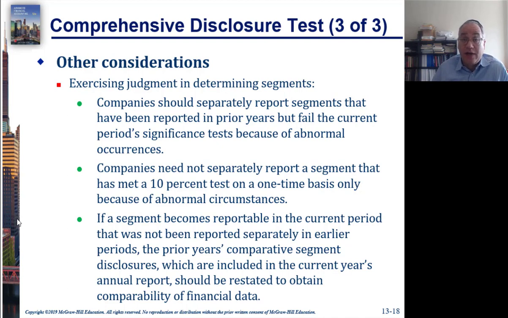So you include it as one of your segments in the financial statements. If you're going to do that, then you need to provide comparable information for prior years. So if you're providing 3-year segment information, then you need to include information about that segment for the past 2 years, even though you didn't provide it last year or the year before.